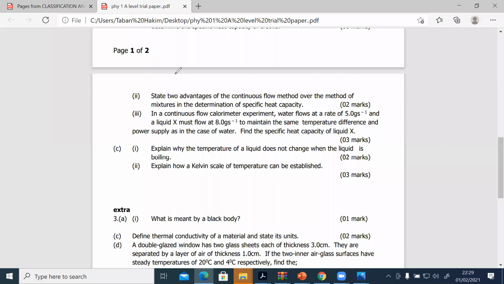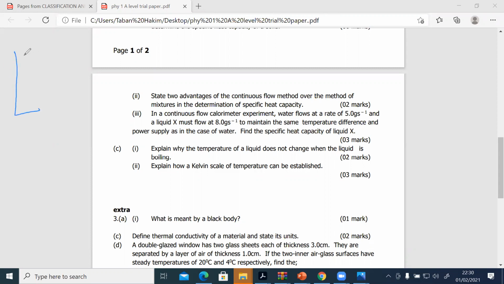What were you supposed to do here? Now, for the continuous flow method, you remember that we have 2 equations, IVT. Let me just start from first principles and I show you how it comes out. Okay, I didn't want to do it because of time.